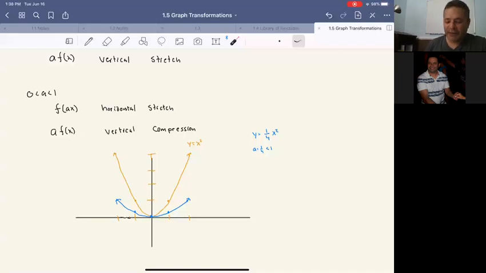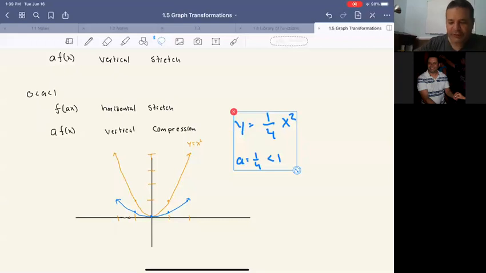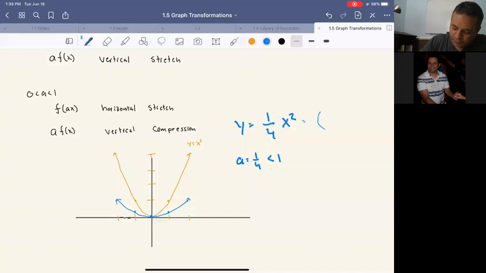But there's actually another way to look at this. Let me make that a little bigger. This is also equal to 1/2 x squared.